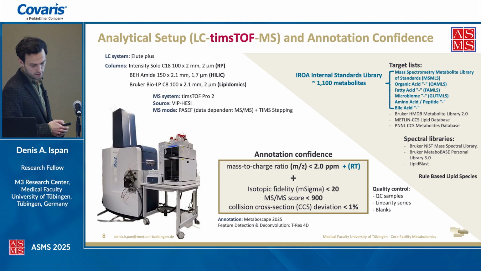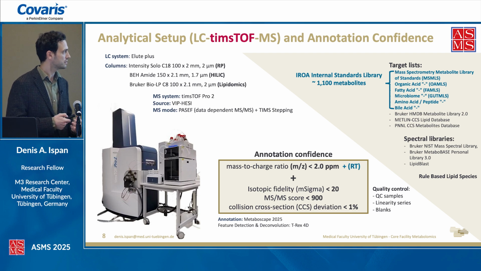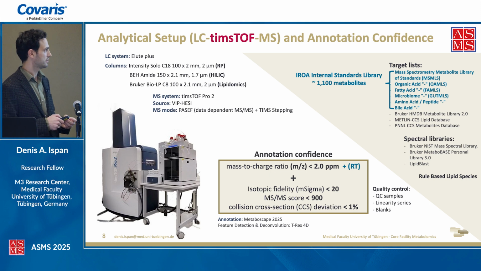The identifiers we use for confidence in our annotations are mass-to-charge ratio less than 2 ppm, isotopic fidelity less than 20, MSMS score more than 900, and collision cross-section less than 1% deviation. And of course, for quality control, we also have QC samples, linearity series, and blanks.